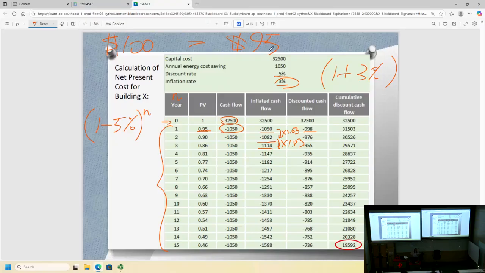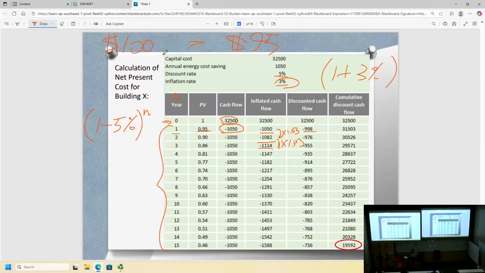This is the meaning of the discount rate. So if the discount rate is 5% using this equation, and n equals 1 for 1 year, then getting $100 now is the same as getting $95 1 year later.